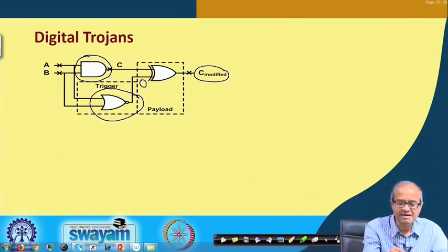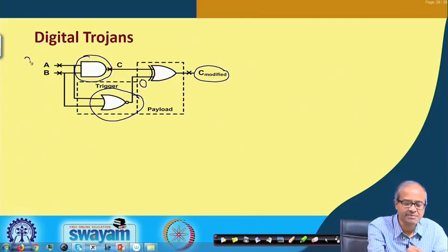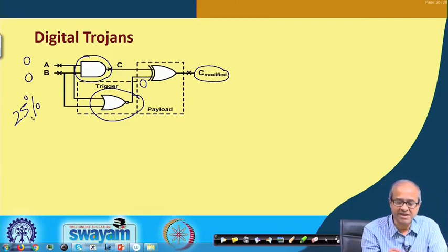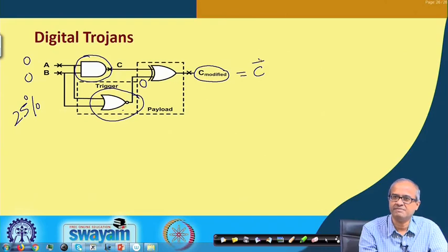So, this trigger decides when this will become 1. In this example, this is a NOR gate, and this will become 1 when both the inputs A and B are 0 and 0, which has 25% probability in this case, because with 2 inputs there can be 4 combinations: 00, 01, 10, 11. So, in 25% of the cases this Trojan will get triggered, and if it gets triggered, the output of this NOR gate will become 1 and C modified will become C bar, the not of that.